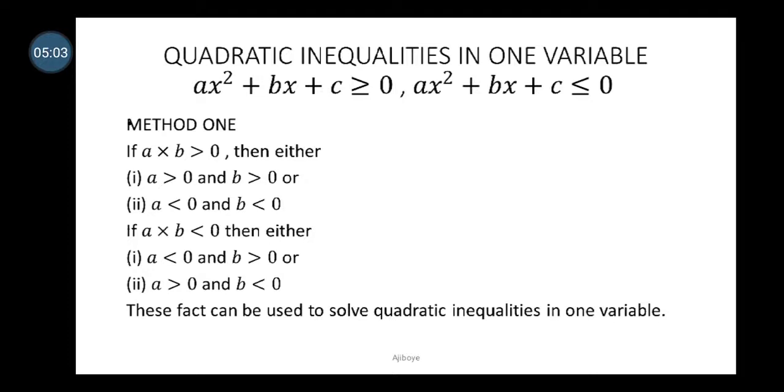if a times b is less than 0, if I multiply two numbers and I'm getting a number less than 0, that is, I'm getting a negative result, then either a is negative, a is less than 0, and b is greater than 0, that is, b is positive, or a is positive, greater than 0, and b is negative, b is less than 0.